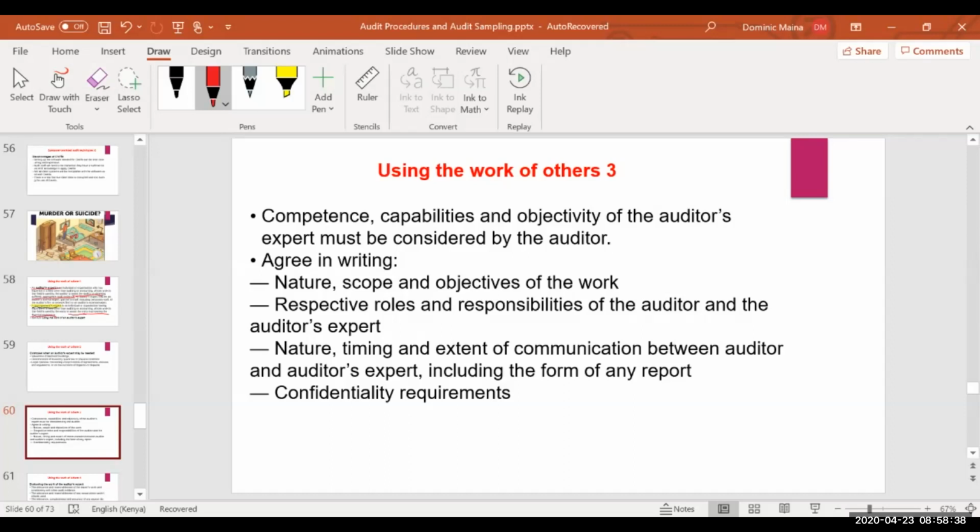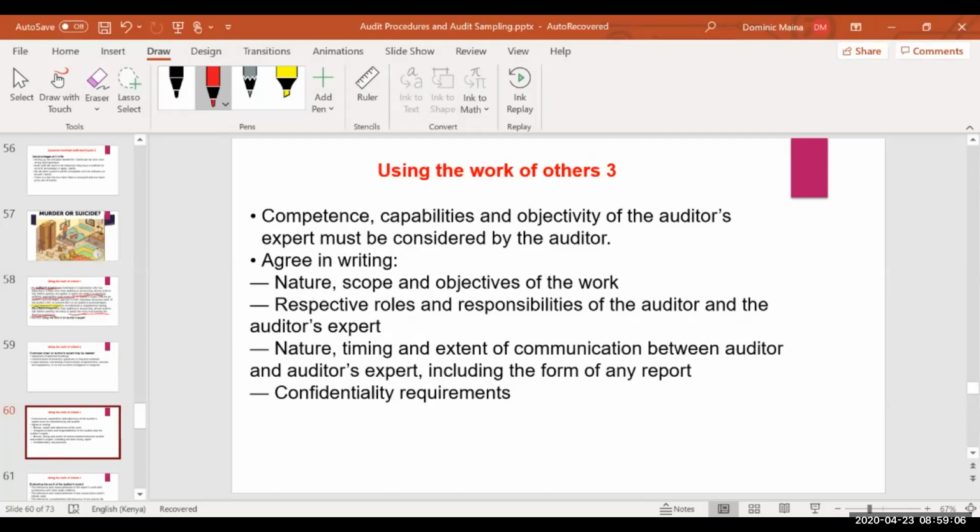Also, have a discussion regarding matters of confidentiality. This definitely applies to any profession. You may want to discuss it with them, because don't forget this particular expert is going to become aware of your client's issues, your client's financial affairs. So the principle of confidentiality does not just apply to you and your client.